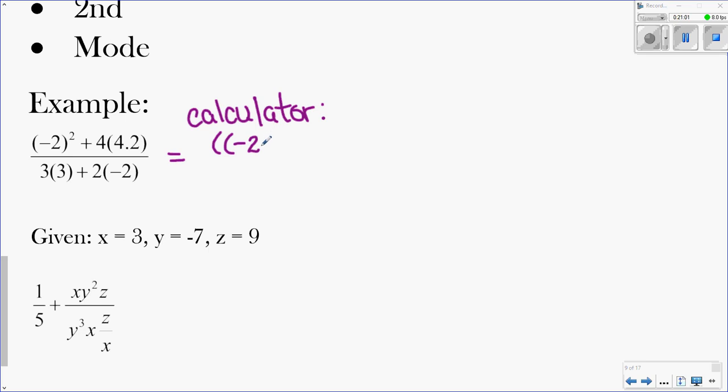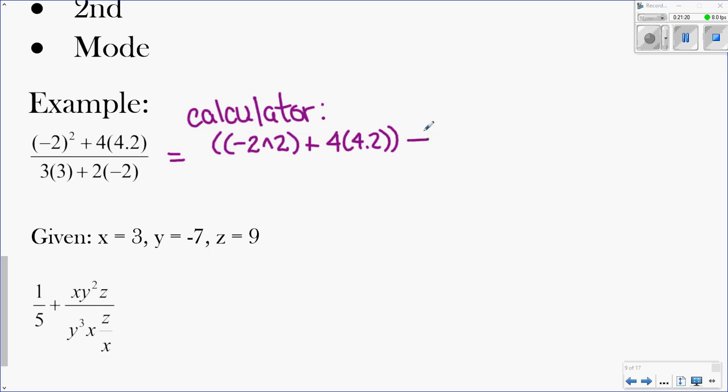So what I'm going to do, I'm just going to put the hat and the 2, and then this one we close up, plus 4, and then another parentheses to close up that group.